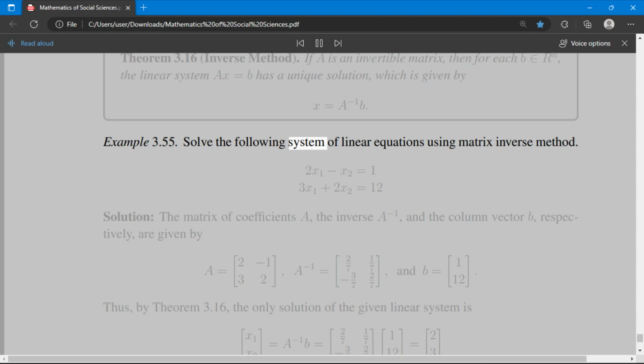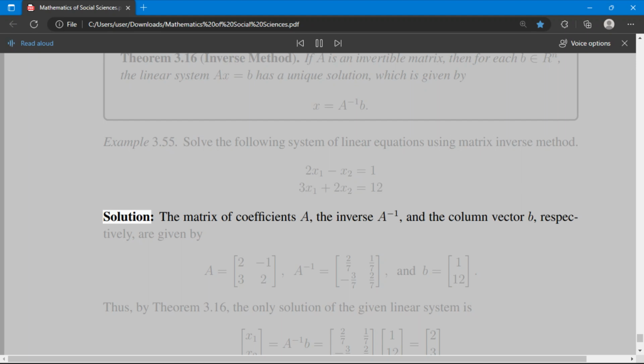Example 3.55. Solve the following system of linear equations using the matrix inverse method: 2x1 - x2 = 1, 3x1 + 2x2 = 12.